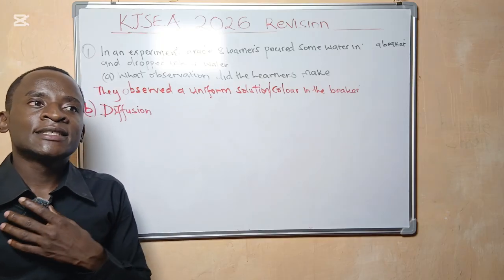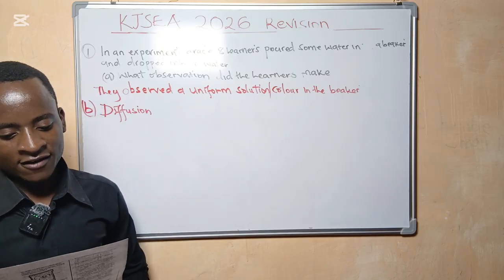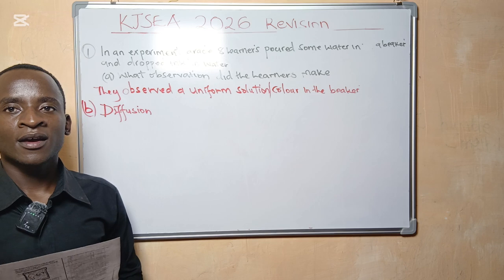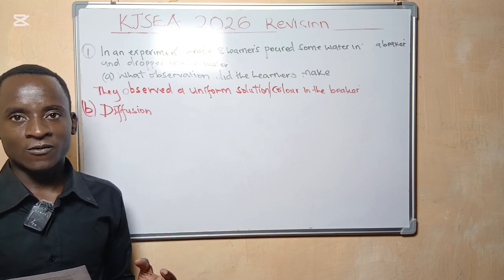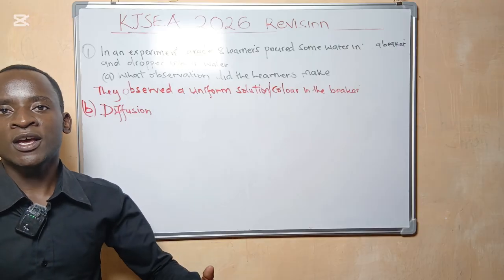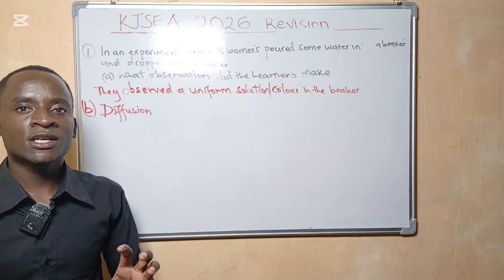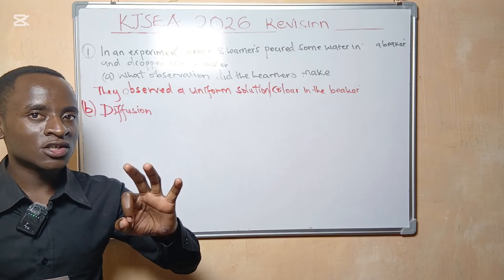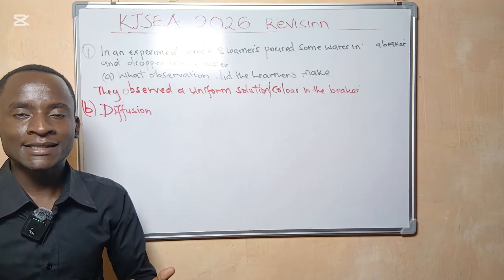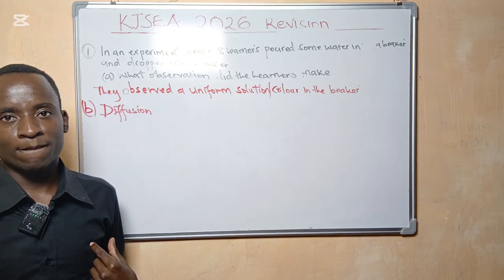Why are we saying that these learners were demonstrating diffusion? We need to know what diffusion is. Right? How do we define diffusion? Diffusion is the process by which particles or molecules move from a region where they are highly concentrated to a region where they are less concentrated. Right?